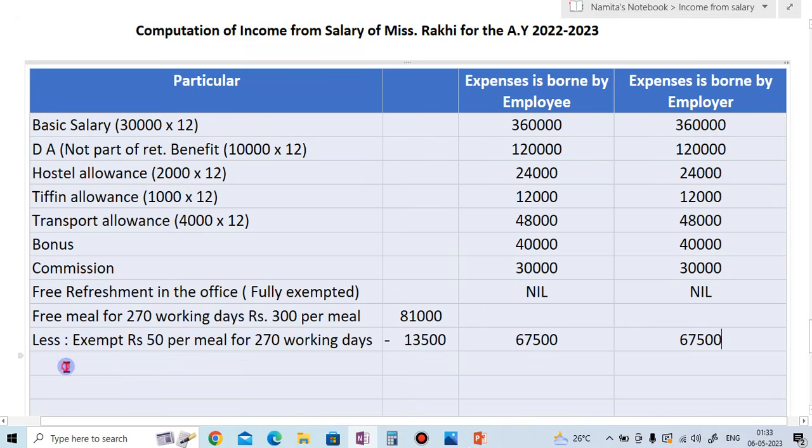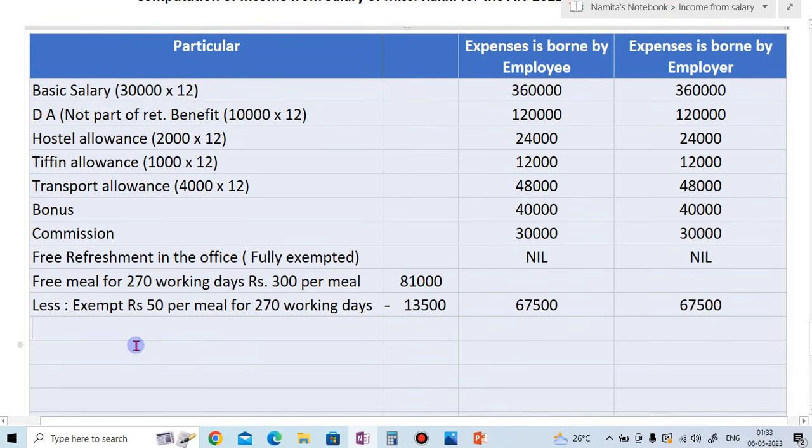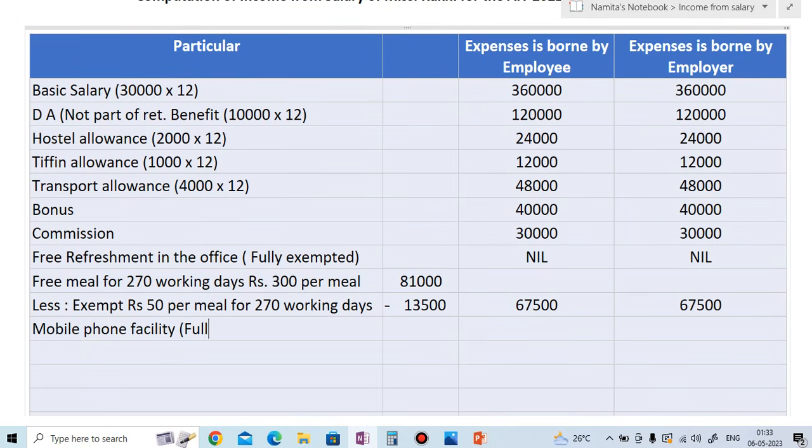So right here, mobile phone facility, it is fully exempted. That means it is not taxable. So write in the amount column nil.